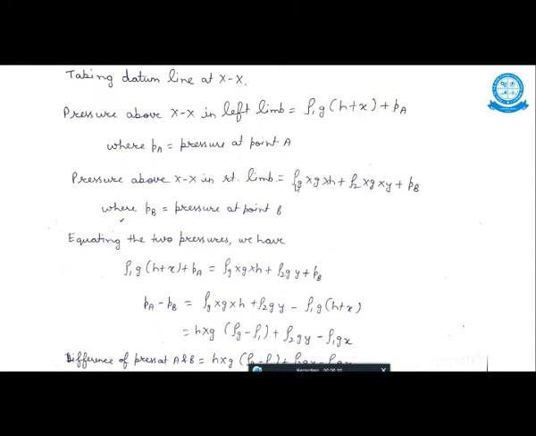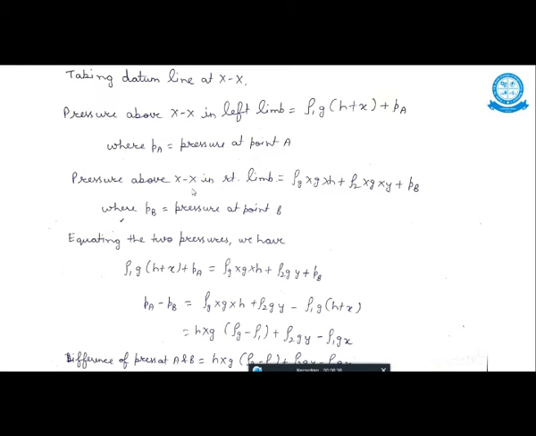The density of mercury is rho g, so rho g into h, where h is the height of the mercury level above the datum line, g is the acceleration due to gravity, and rho g is the density of mercury, plus the equation for the remaining liquid on the right, rho 2 g into y plus Pb, where Pb is the pressure at point B.